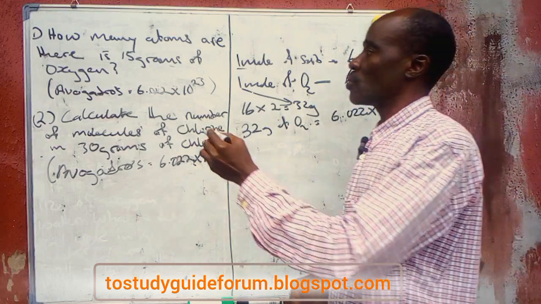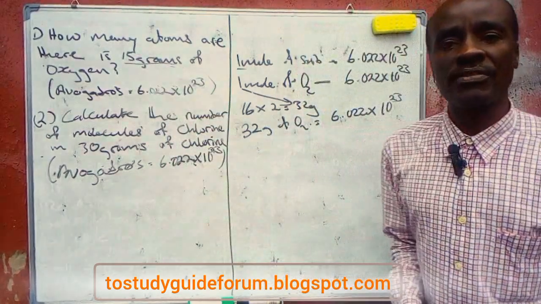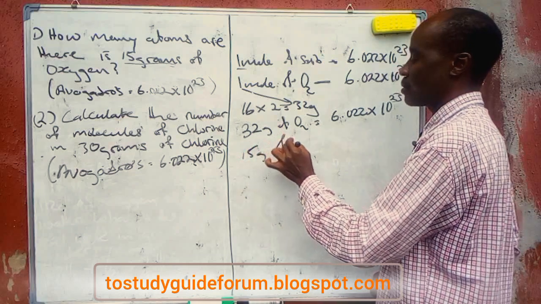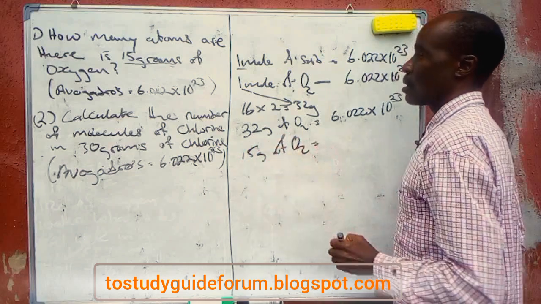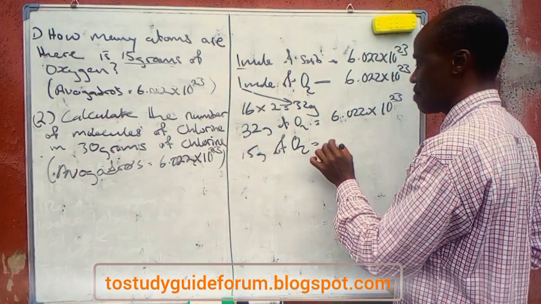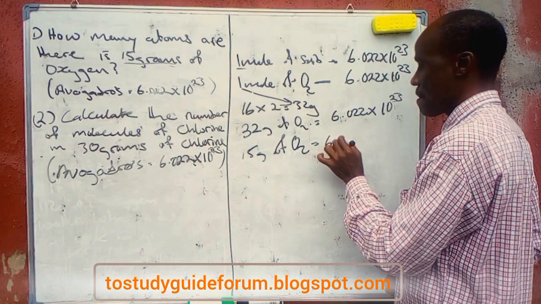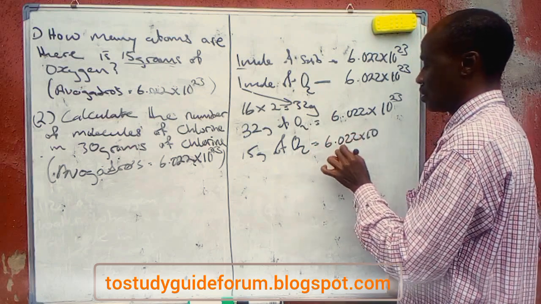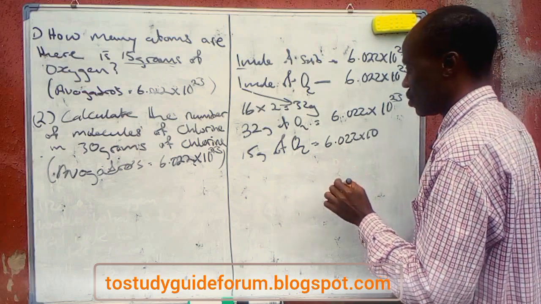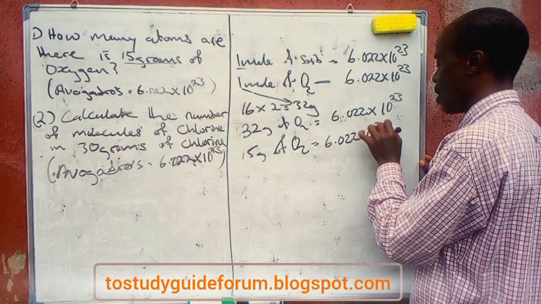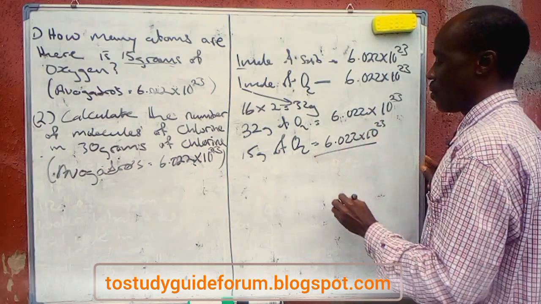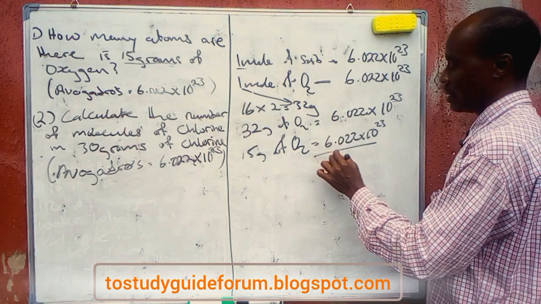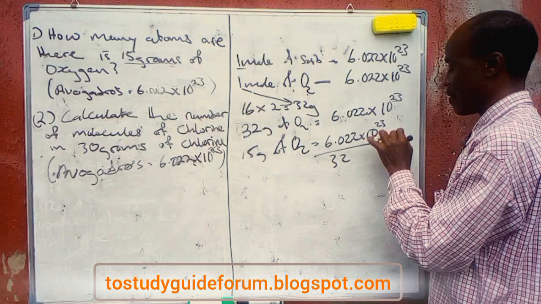Now we have that. So what are we likely to have in 15 grams? In 15 grams of oxygen, the atoms we have there will be 6.022 times 10 raised to the power 23 all over 32, multiplied by 15.